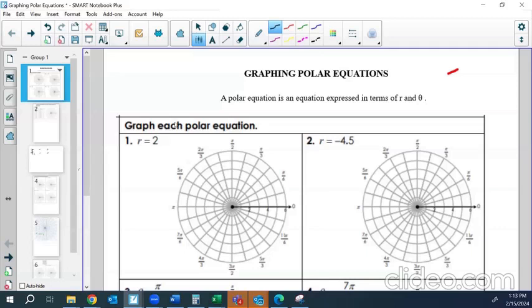So an example is r equals 2 cosine theta. Here, an example would be y is equal to 2x plus 1. It's the same concept. This is linear, this is polar. X is your input, the angle is your input. Your output is what r equals to. Good?